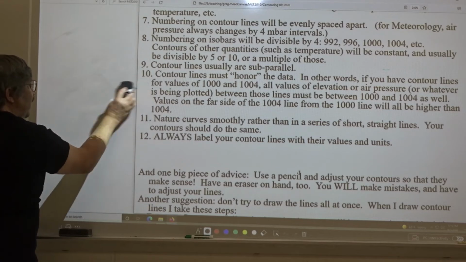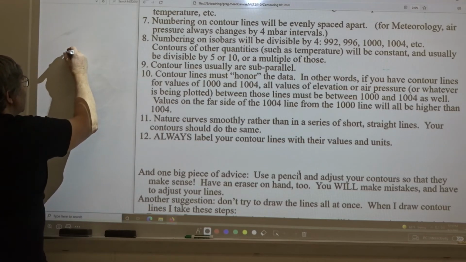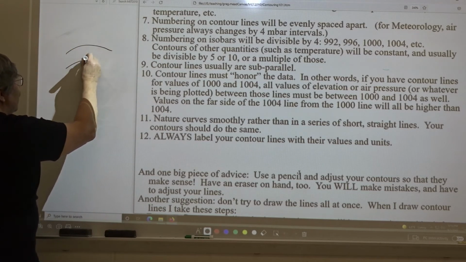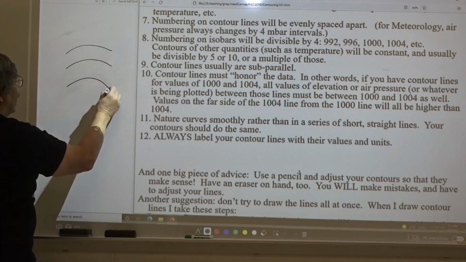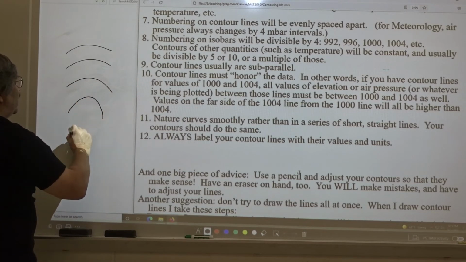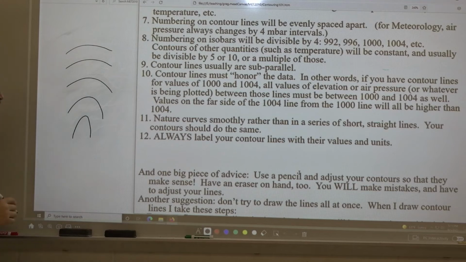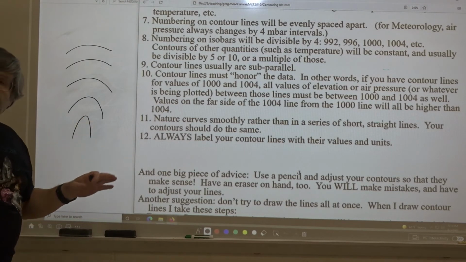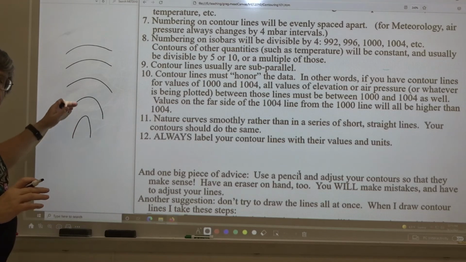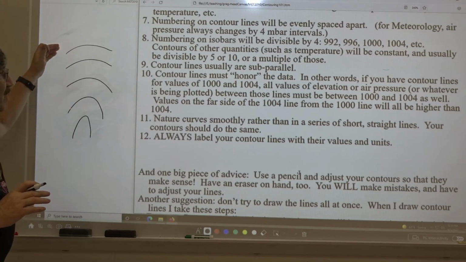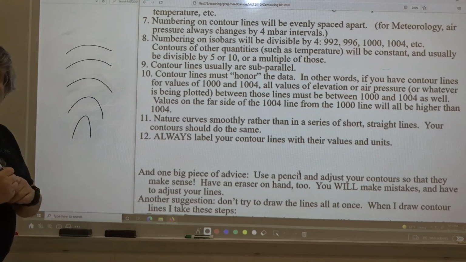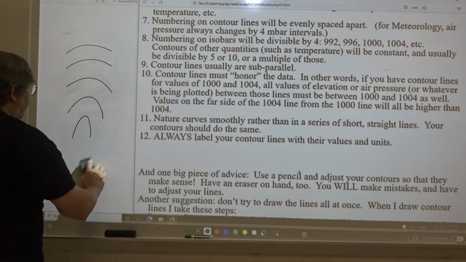Instead, because landscapes and air pressures generally change gradually, you'll see things like this. These are not exactly parallel, but they are subparallel. In other words, each successive contour line somewhat resembles the contour line next to it.